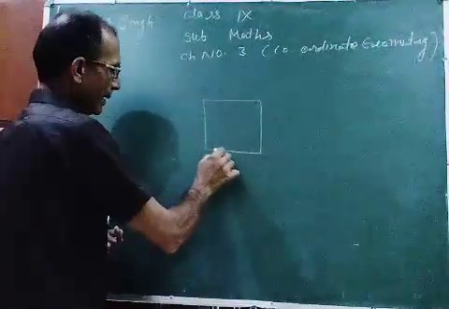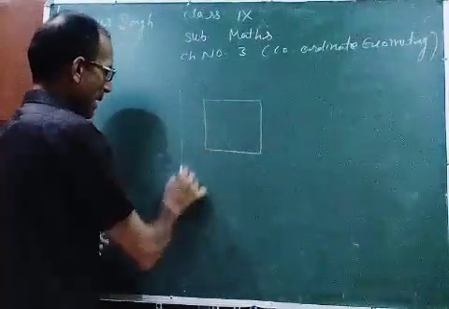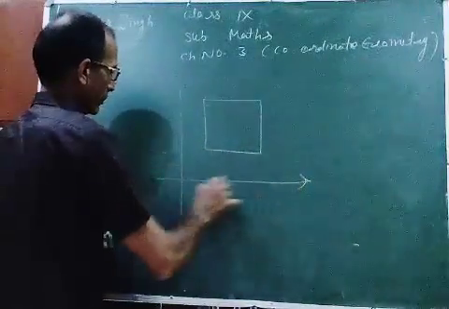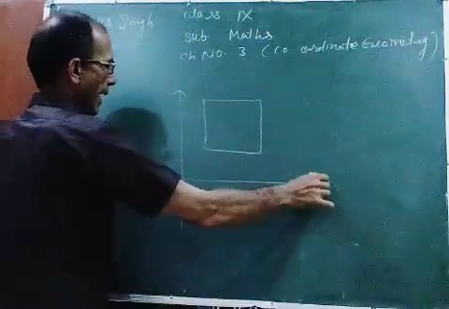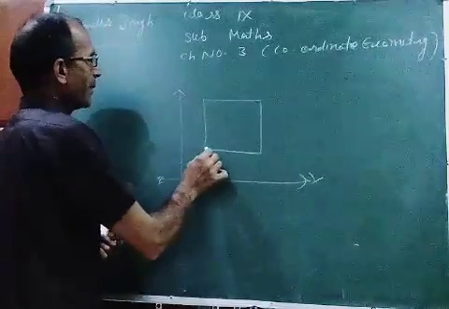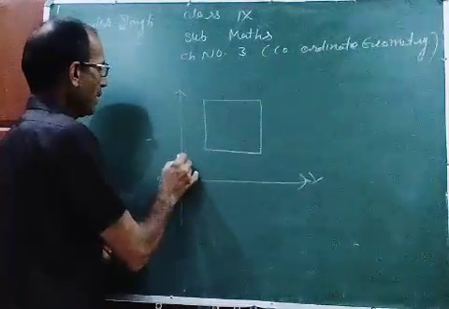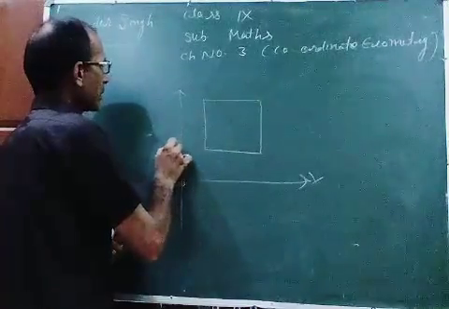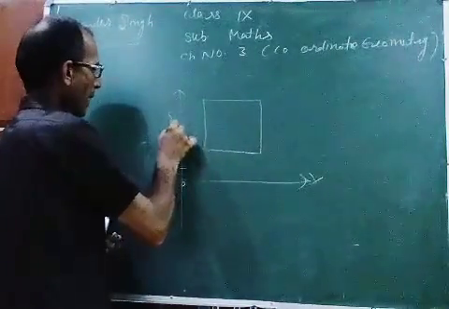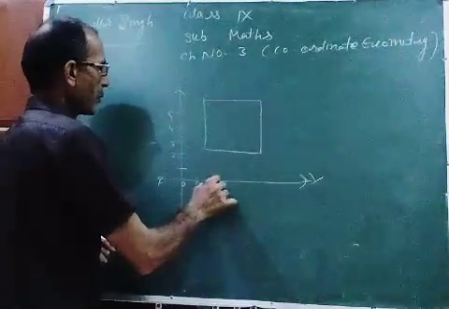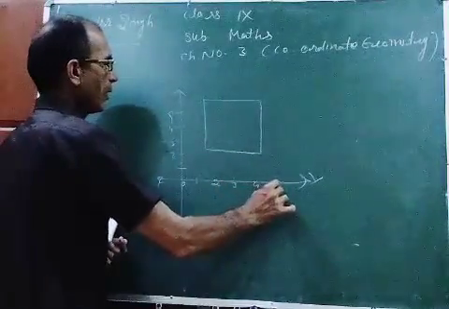So this is the length. It means this will be the distance from the x-axis. This distance from the x-axis, suppose 1, 2, 3, 4, 5.